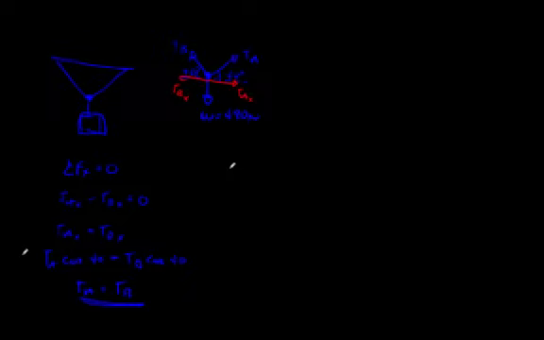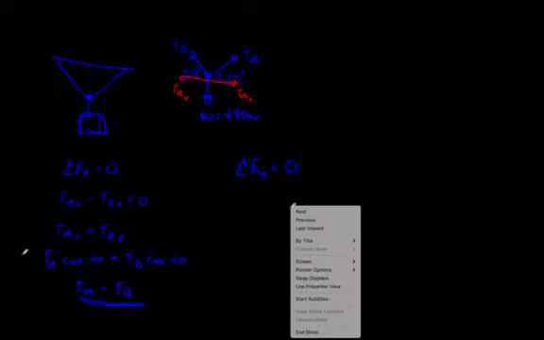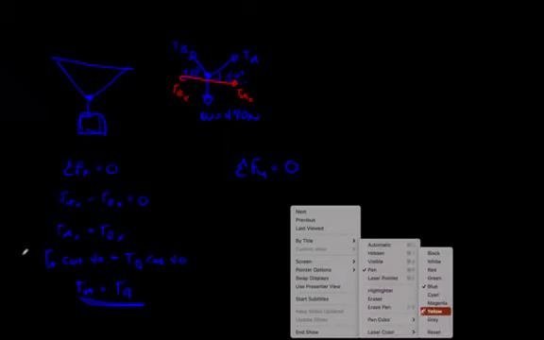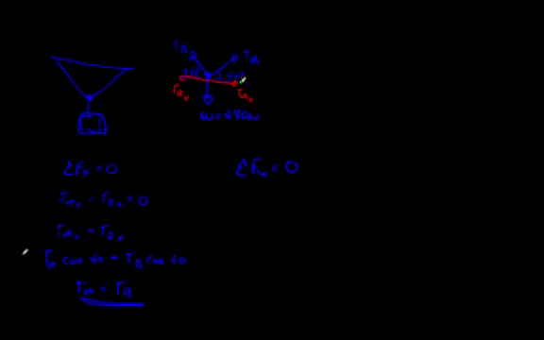So now let's look at the vertical. I know that the net force in Y is also 0 because this object is in equilibrium. How many vertical forces do I have? I have the vertical component of tension A, the vertical component of tension B, and the downward force of weight.